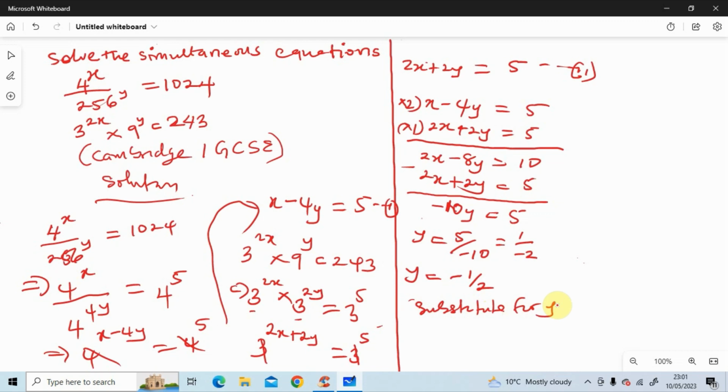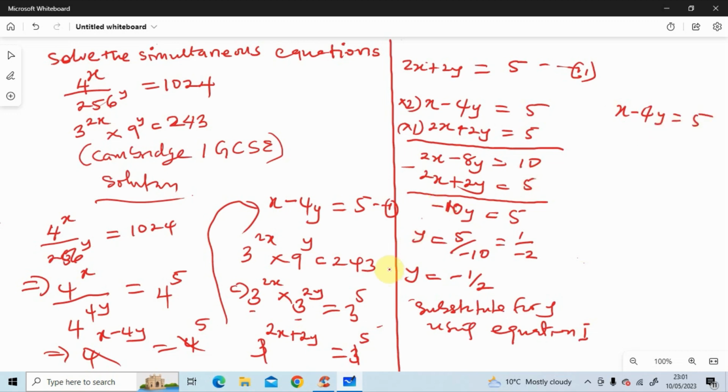Using equation 1, which is x minus 4y is equal to 5.